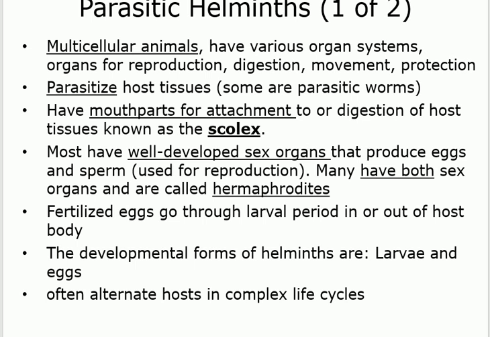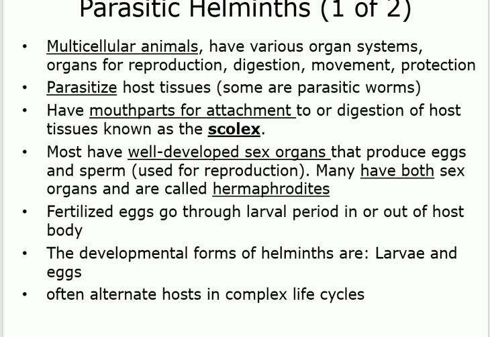They get into the host as an egg or larva, and they leave in that same form. Some of them will invade you as a fertilized egg. Some of them will get to you as a larva, and they leave in the form of eggs. Okay? So they alternate the development between larva and eggs. When the eggs hatch, they become larva.